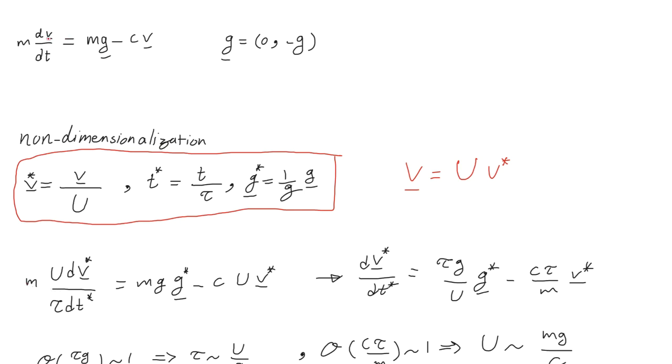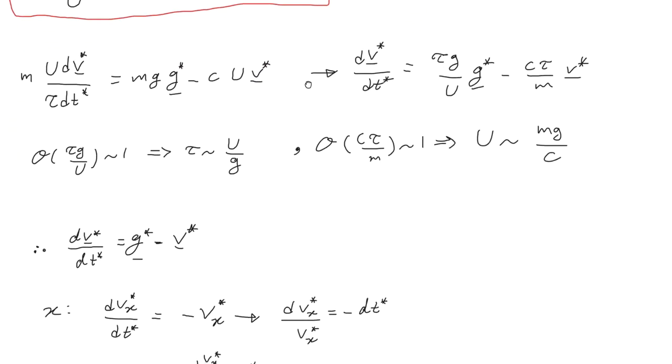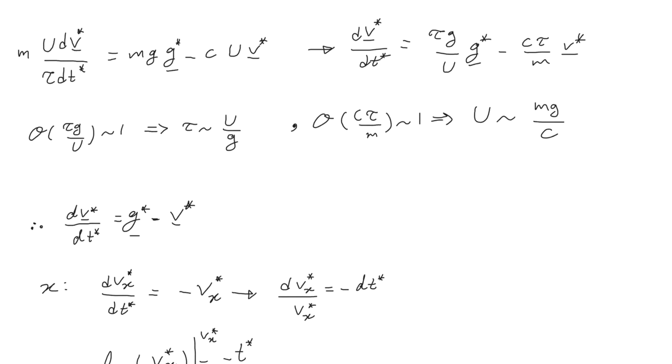So replace this v with u v star, t with tau t star, g with g star. And again here we have v, we put u v star. All right. So now this is our new equation.